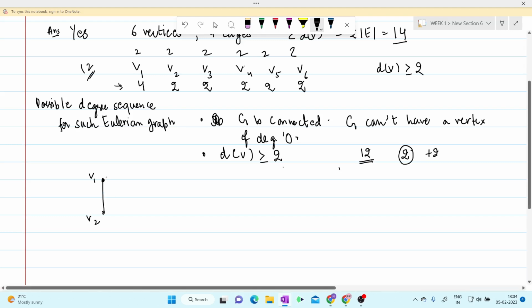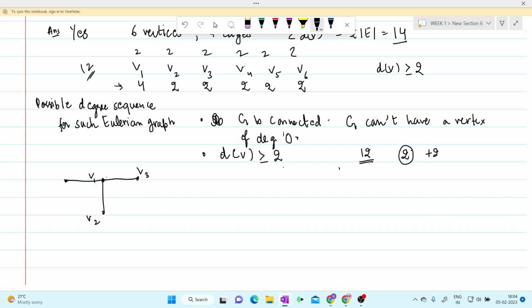So V1, V2, V3, V4, V5. V1 has degree 4, and the rest of the vertices have degree 2. So if I do this, we see that V4 has degree 2, V2 has degree 2.